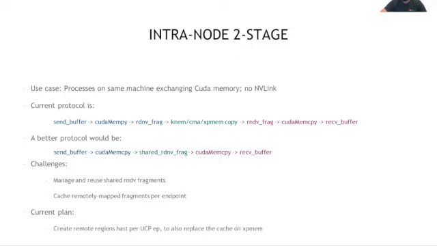You need to mmap or do SHM attach or something of that sort in order to use that fragment. That's why we need some kind of cache of remote mapped fragments, and it's going to be per endpoint because it's per specific destination. And we actually have a similar cache in XPMEM on the XPMEM transport layer.